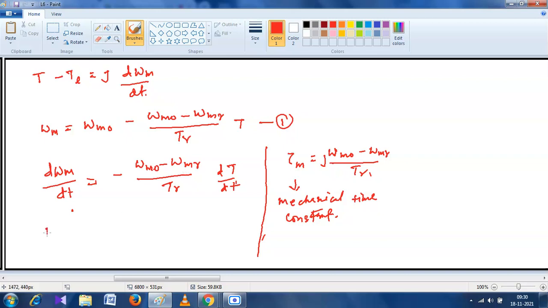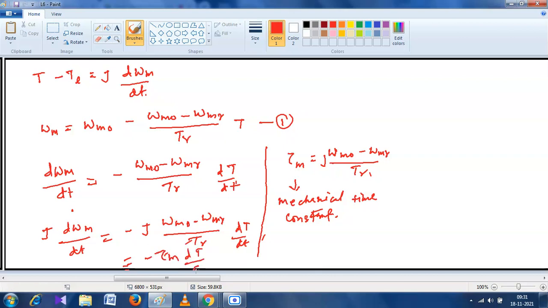Now write the value of J d omega m by dt. There should be a J. If we multiply by J on both sides, we get this equation, and this is basically the mechanical time constant, minus tau m dT by dt.